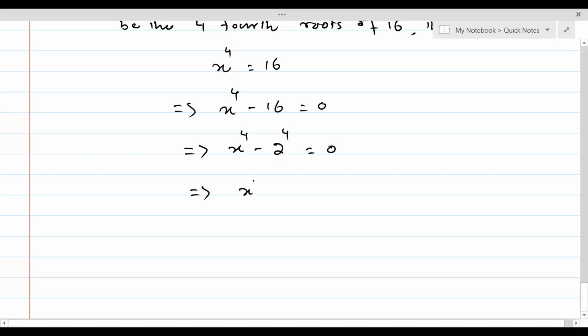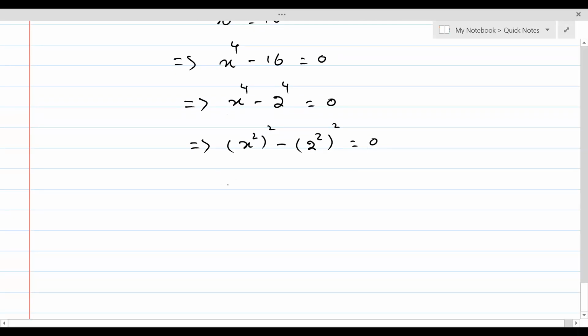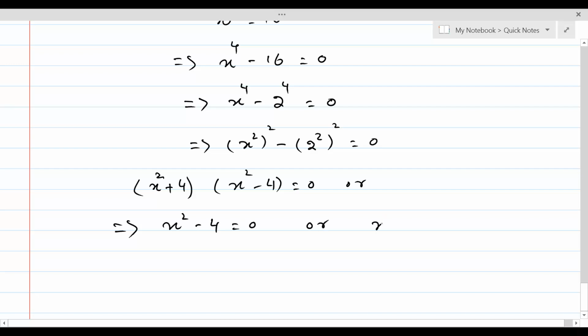This could be written in the form (x square) whole square minus (2 square) whole square equal to 0, means x square minus 4 equal to 0, or x square plus 4 equal to 0, because the product of two factors can never be equal to 0 unless one of them is equal to 0.